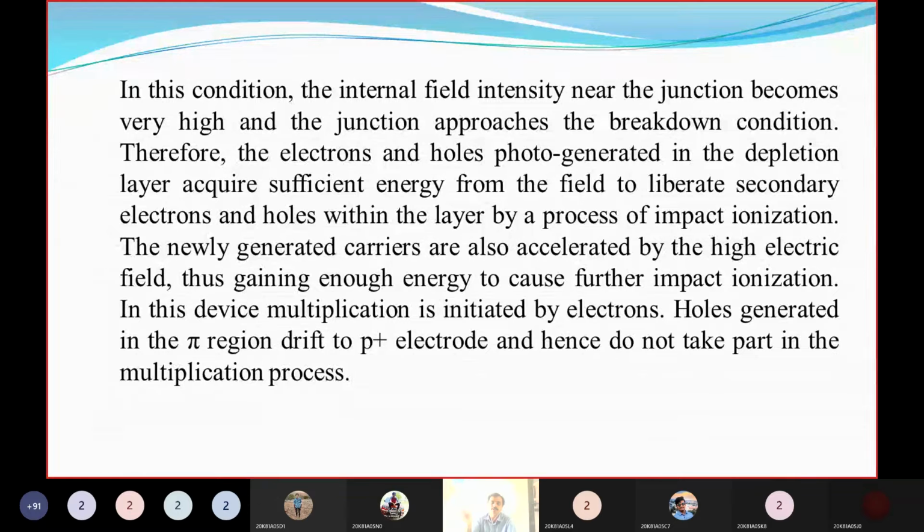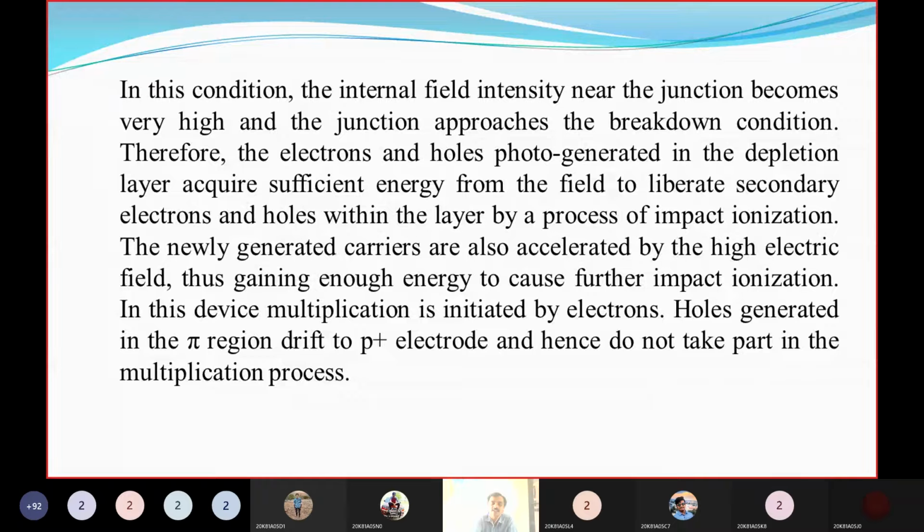Now, coming to why those electrons will be released, here I will explain. When light is incident on the intrinsic region, electron hole pairs will be generated.